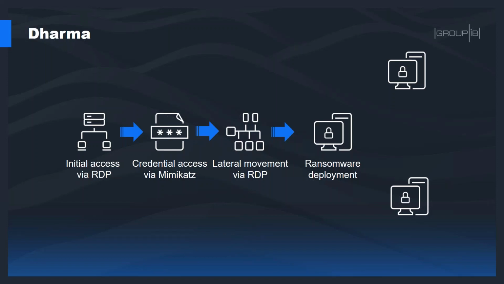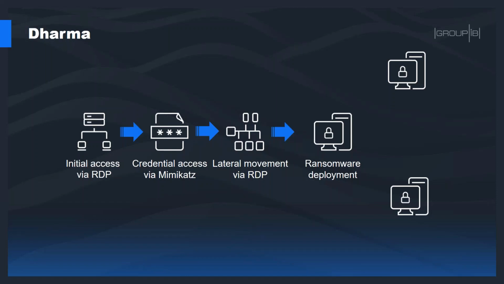Once they access the server successfully, they use quite typical tools like Mimikatz. They just drop it to the desktop of the host, run it, and potentially gain more credentials. They move laterally via RDP, the same, so they typically don't use many post-exploitation tools.